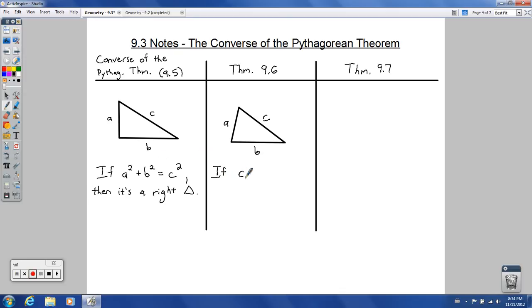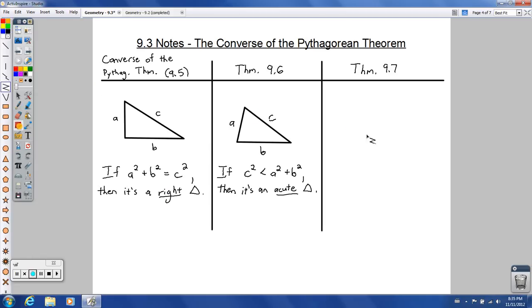If c squared is less than a squared plus b squared, then it's an acute triangle. So I'm going to underline acute here, underline right over here.